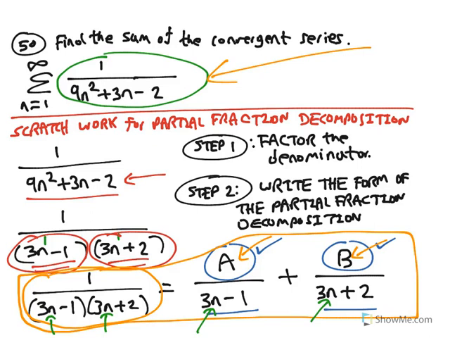So now we come back to our original problem, which is right here. The original problem says, find the sum of the convergent series. And what have we done? We used partial fraction decomposition to rewrite the nth term of our infinite series as a difference of two partial fractions.